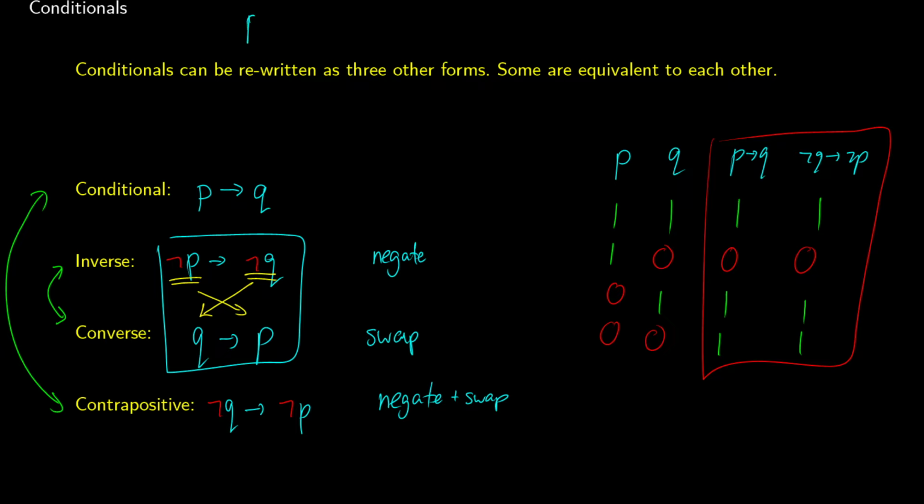If you're saying that P arrow Q is the same thing as Q arrow P, that's not going to be true. If you're going to say P arrow Q is the same as not P arrow not Q, which is how most people's brains work, that is also not true. It's only equivalent when you negate it and flip it. So that's a little bit more information about conditionals.